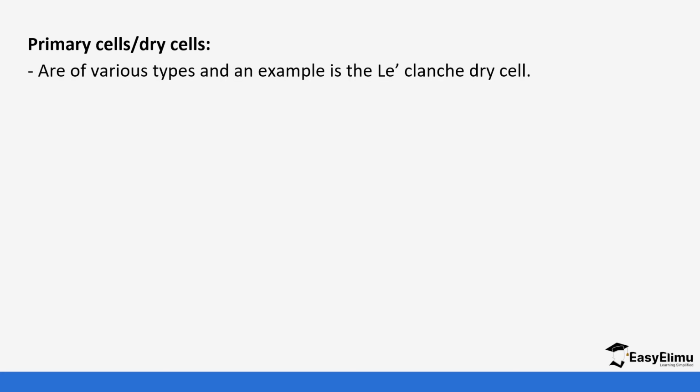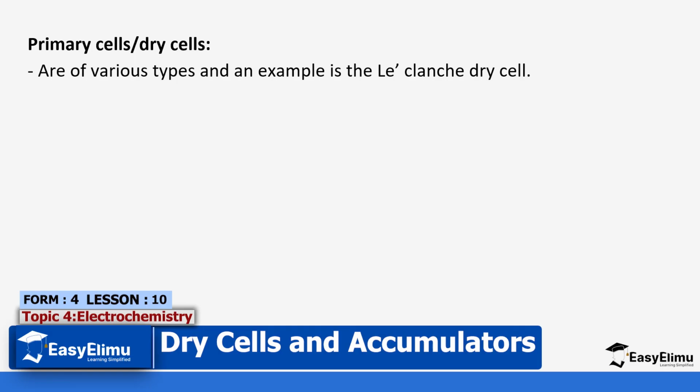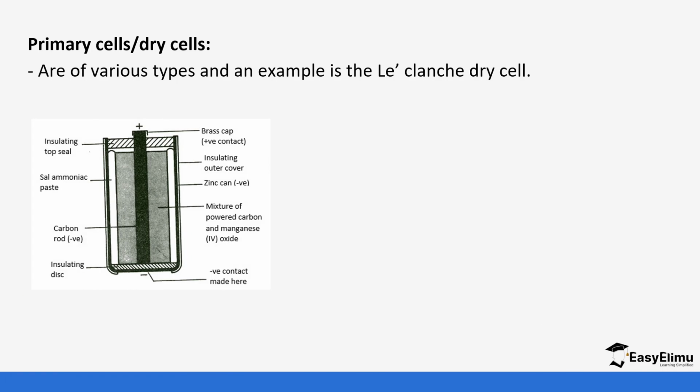They're usually of various types, and one of the examples is the Leclanché dry cell. This is very common because it's commonly used to power small equipment like remotes, small electrical devices like phones as well.